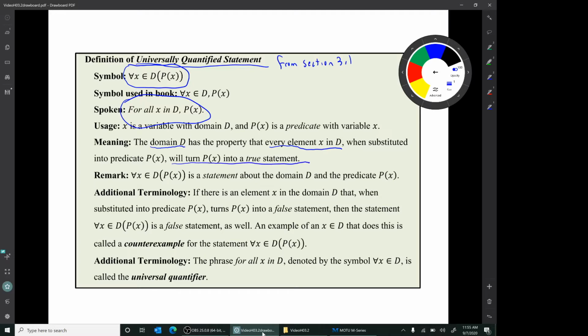And we had this additional terminology that if there is an element x in the domain that when you substitute it into P of x turns P of x into a false statement, then this universal statement would be false. An example of an x in the domain that does this would be called a counterexample for the universal statement.